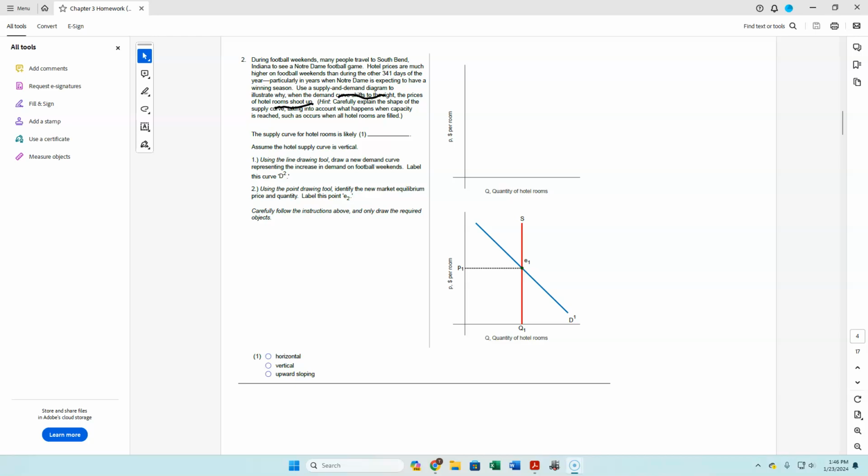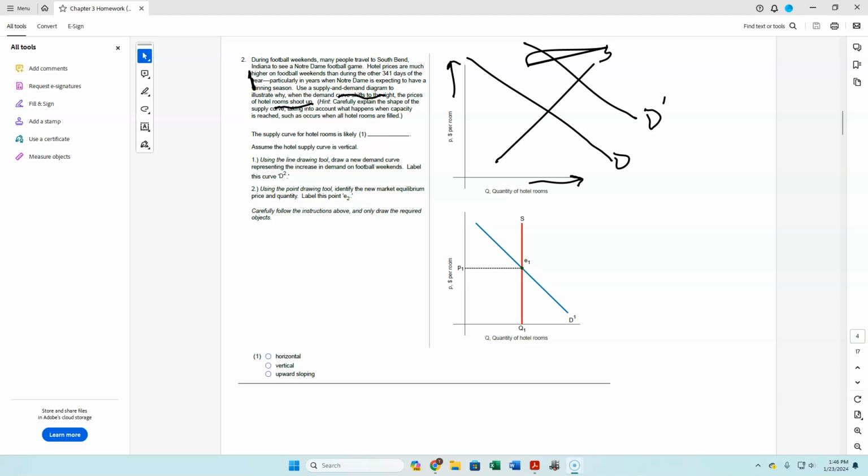And that these hotel prices are much higher on football weekends than they are on other weekends. So what would cause that? So the idea here is that even if you were just to roughly sketch this out with a demand and supply curve, yes, during a football weekend, the demand would be higher for rooms because of the football weekend. The price would be higher, but it would just be a standard amount.